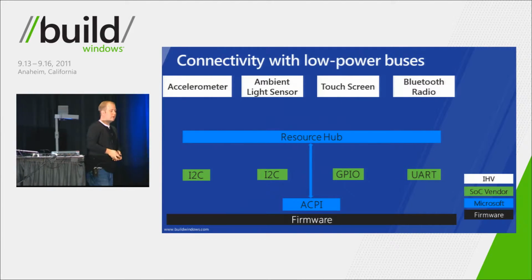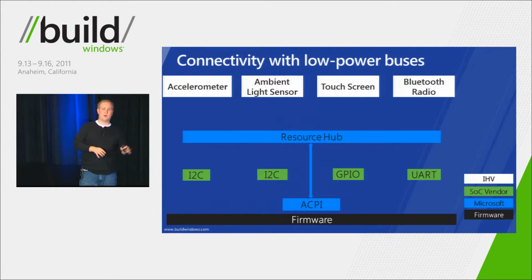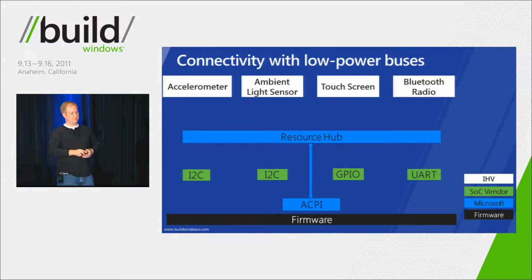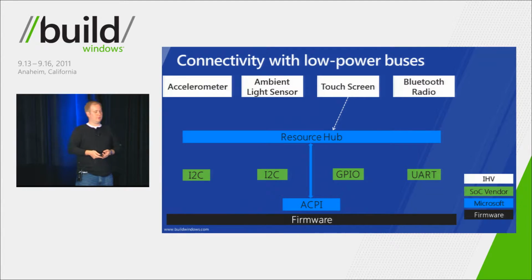Okay. So how do your drivers then go and find which controllers, which lines, which wires that you need to be using? We have this new component called the Resource Hub. And the Resource Hub is kind of like a digital matchmaker. What that does is provide the connection pipes to each bus. So if you're the touch screen here, you start by asking the Resource Hub, hey, give me my connections.